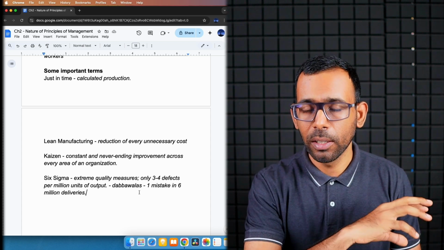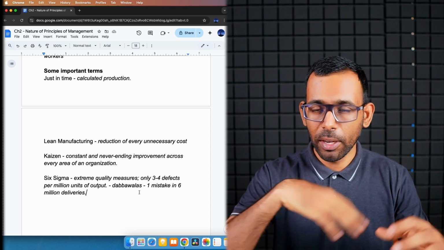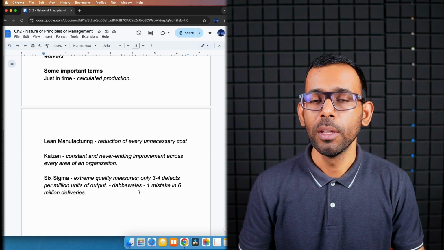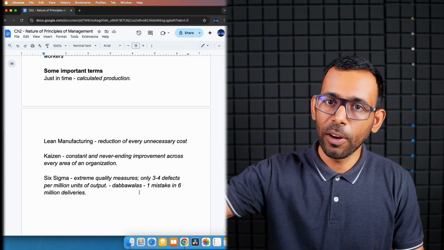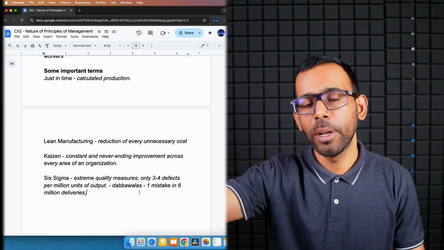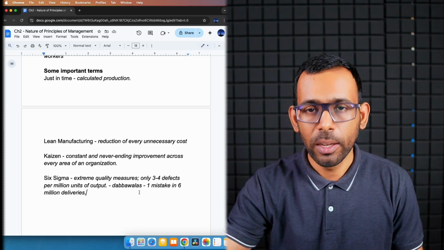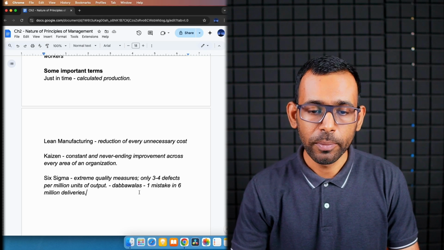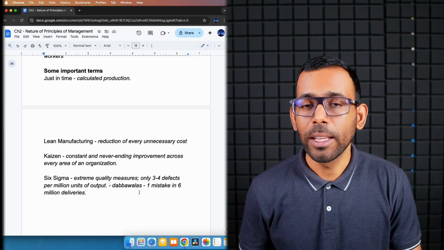Dabbawalas will collect the lunch from the house, and they will have this sorting and distribution system, and finally a different person who is responsible for that particular locality will end up delivering it right at the desk of the employee.